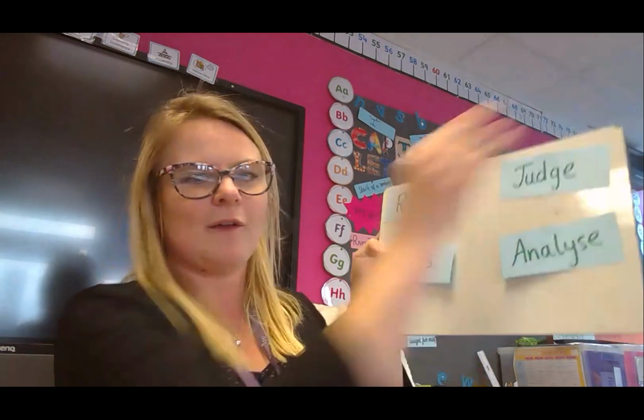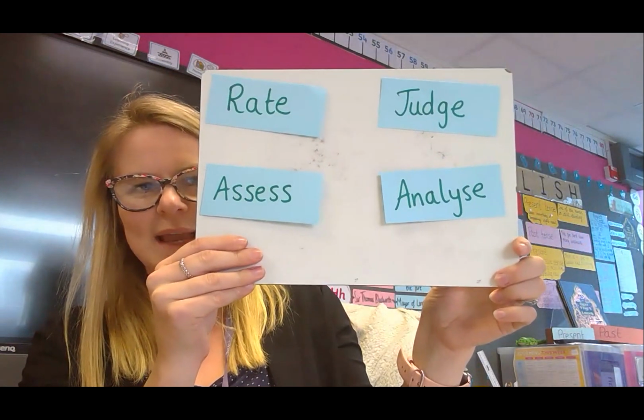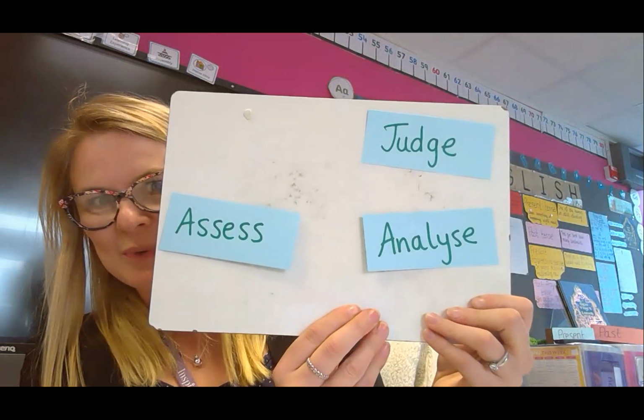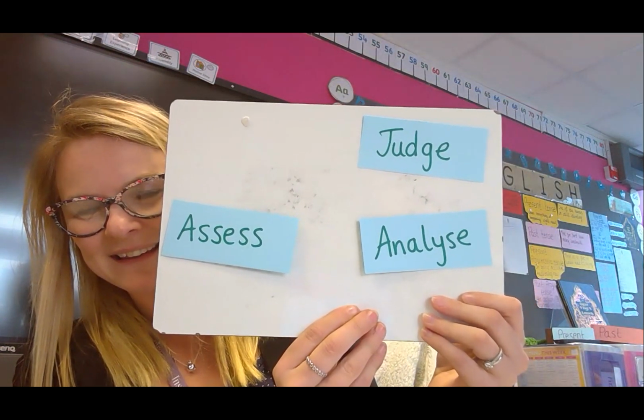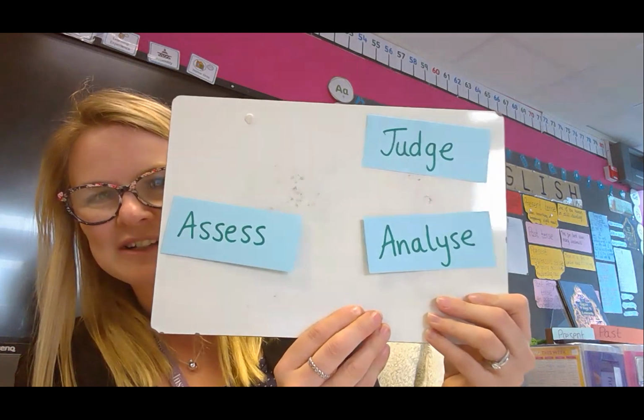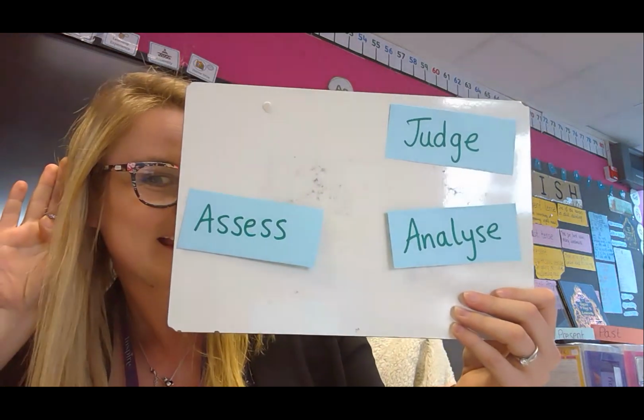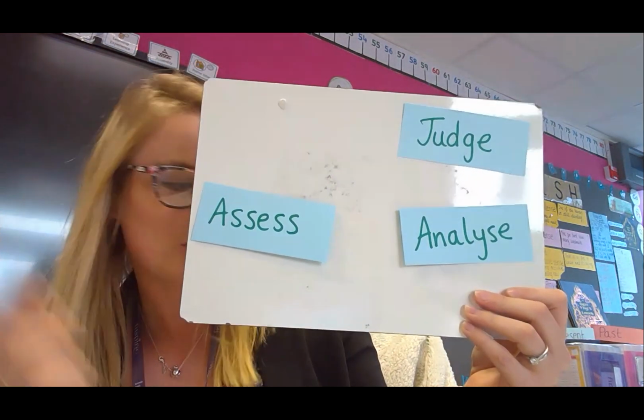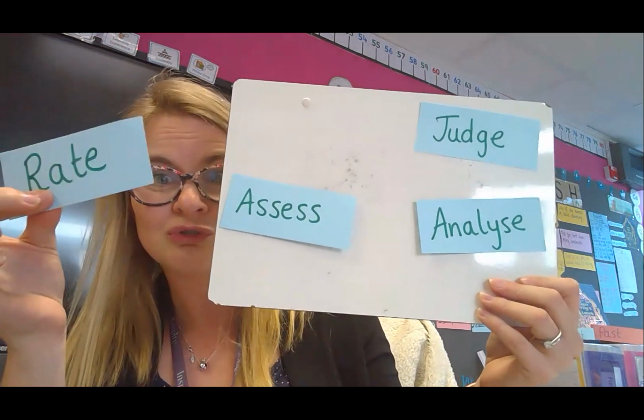Super. Okay, right. I'm going to pop judge back on there. I'm going to take one more of them away. Ready? Which one's disappeared? Can you call out to the screen? Which one's disappeared? It was rate.